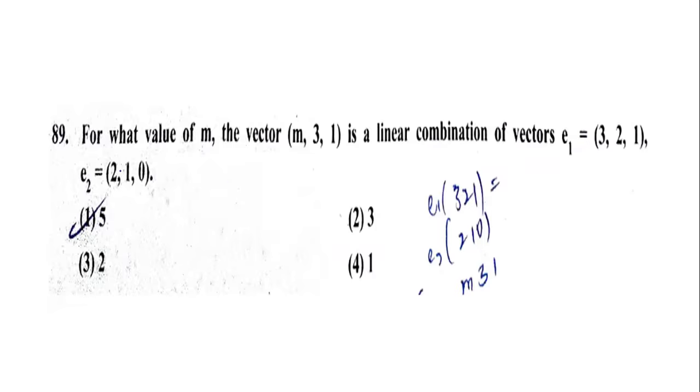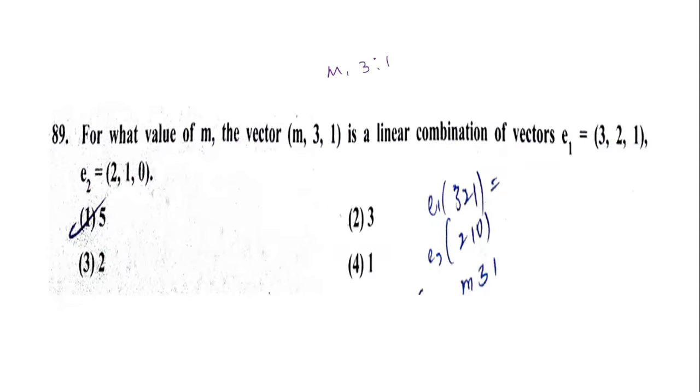Next, 89th question. For what value of M is the vector (M, 3, 1) a linear combination of the basis (3, 2, 1) and (2, 1, 0)? Simple question.